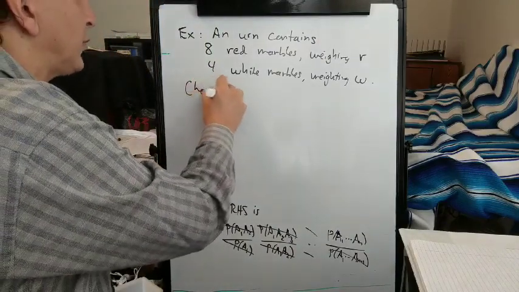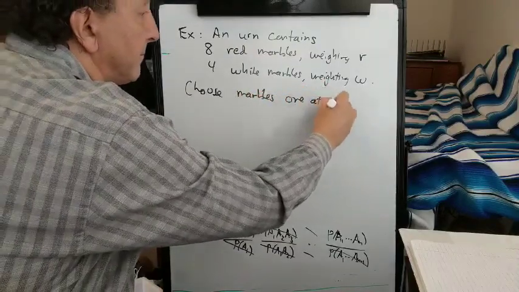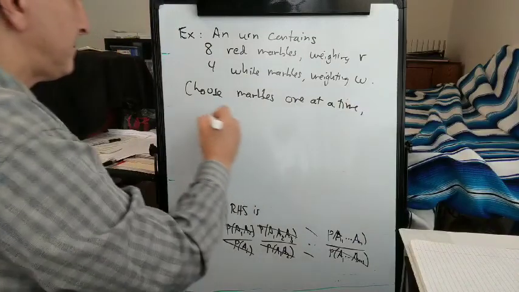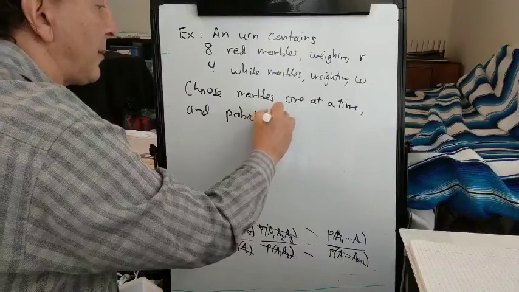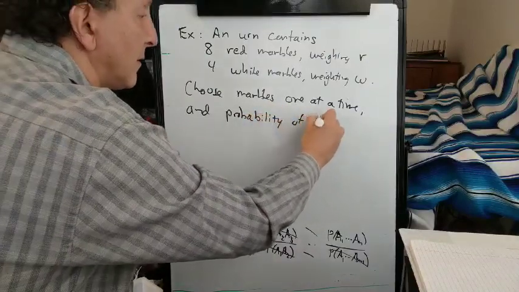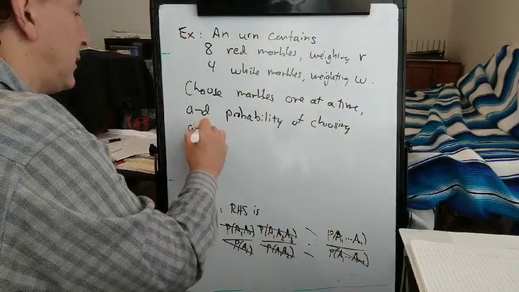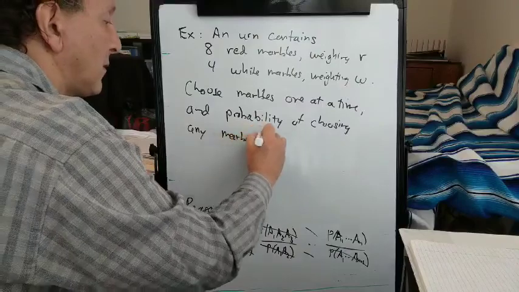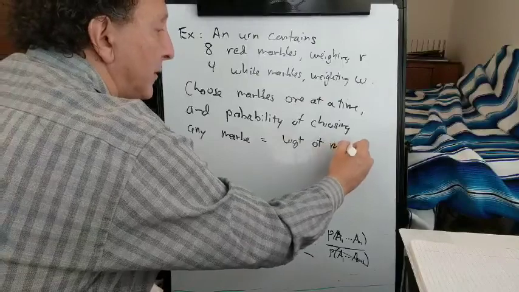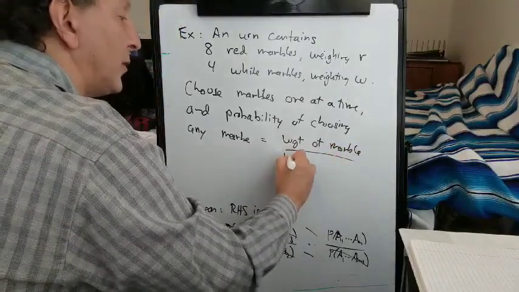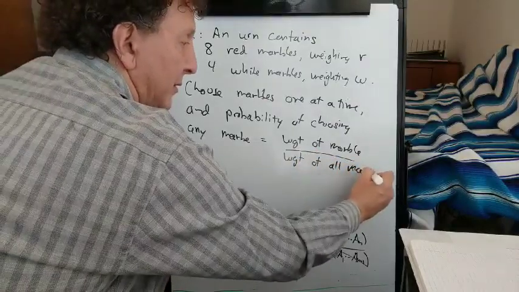So let's say we choose marbles one at a time. And the probability of choosing any given marble is weight of that marble over weight of all the marbles that are in the urn at that time.